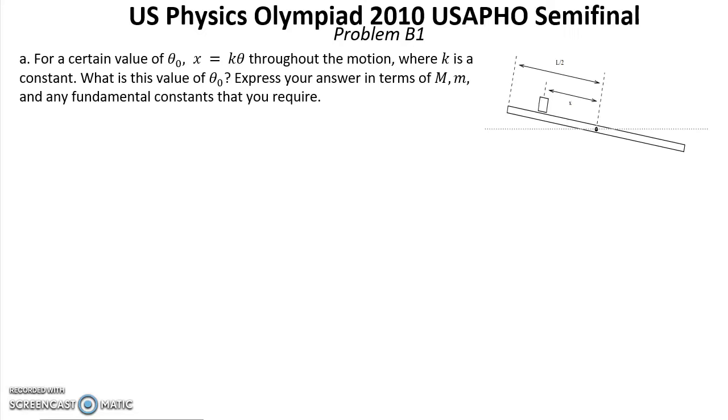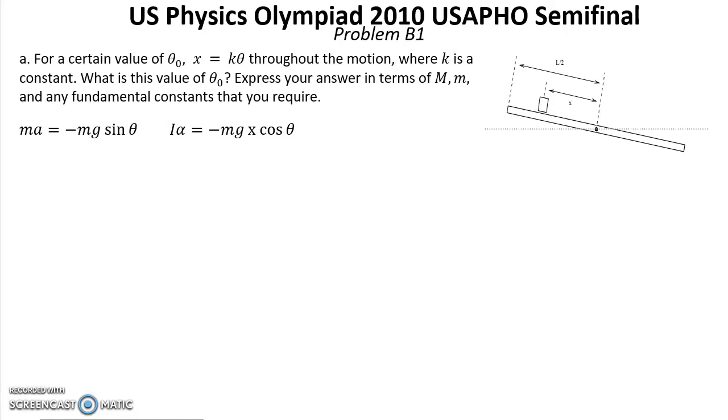So first let's write equations of motion for the block and our plank. For the block at any particular moment we have this equation: mass multiplied by acceleration equals negative mg multiplied by sine θ. For rotation of our plank we have the equation Iα equals negative mgx cosine θ.